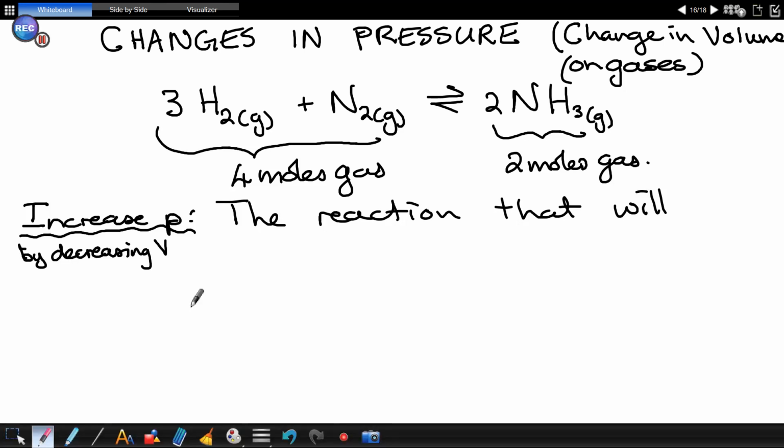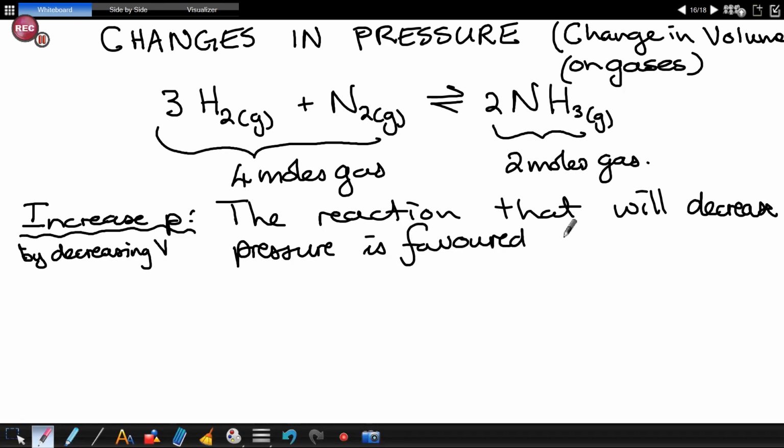So the reaction that will decrease pressure is favored, so the forward. And fewer moles of gas will collide less, so exert less pressure.